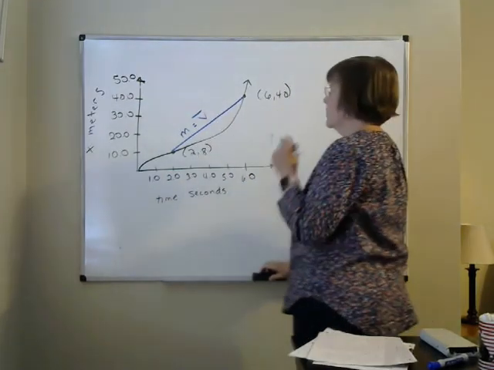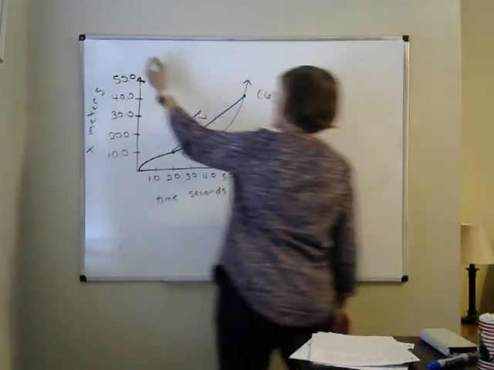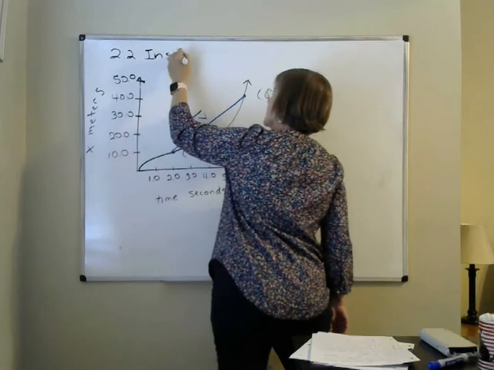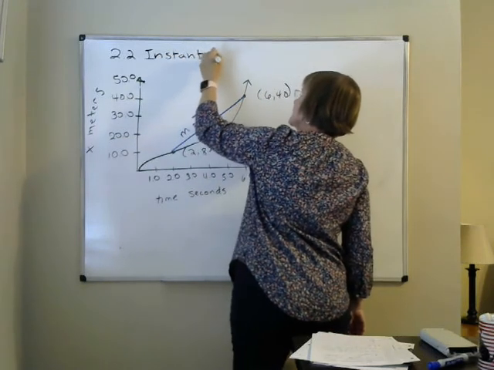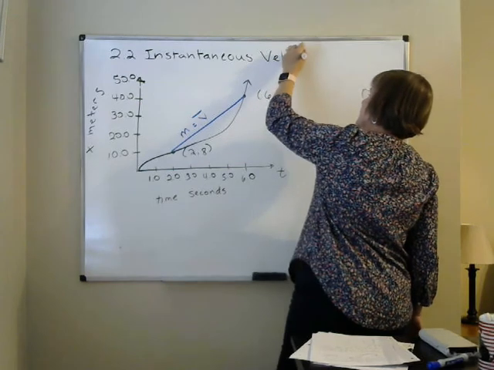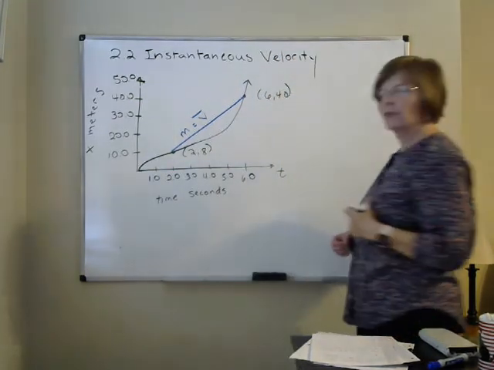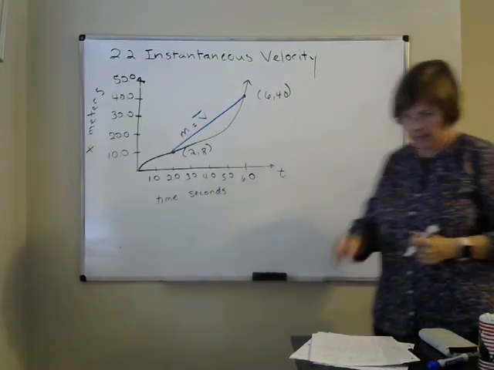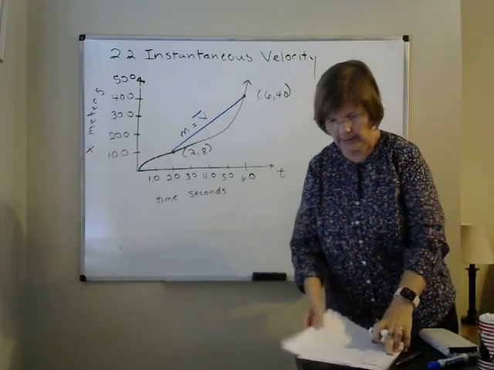But if I want to talk about instantaneous velocity, what I want to do is, instead of having a long period of time, I want to make that time period really, really short.